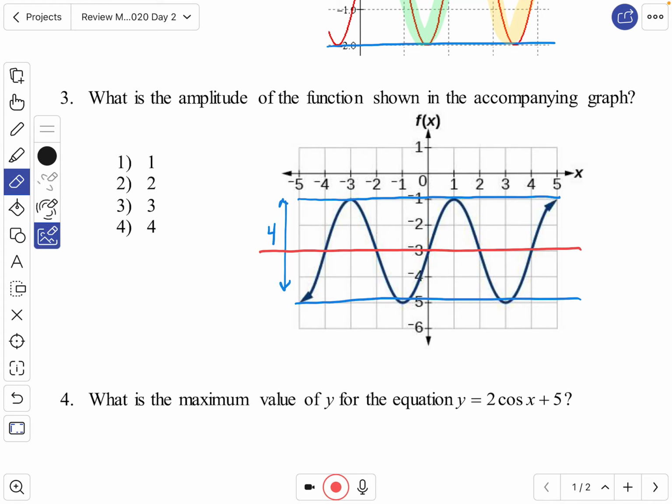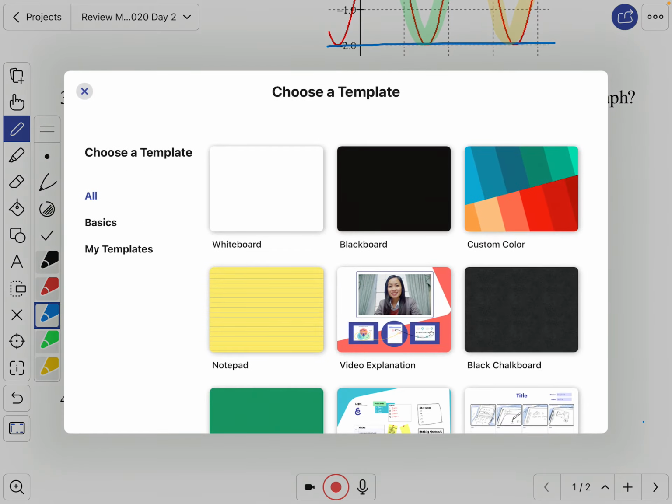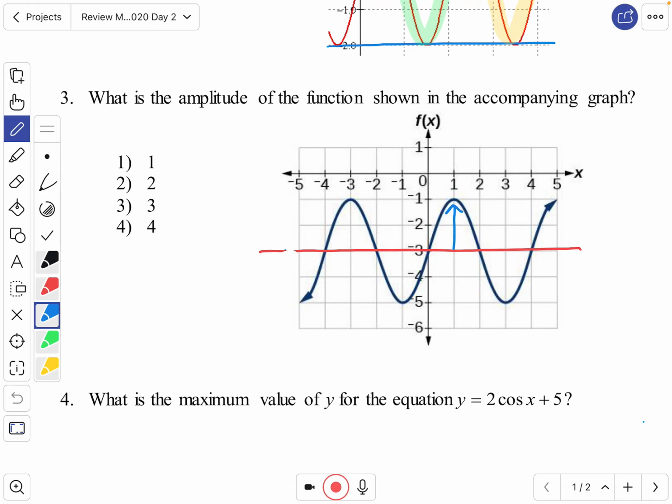Now that I know where my center is, I can find my amplitude. My amplitude is how high and how low I go from the center. So if I'm at -3, I'm going up to -1, and I'm going down to -5.